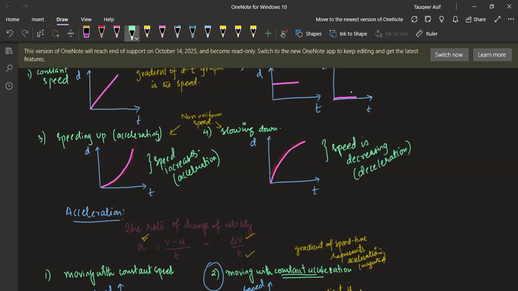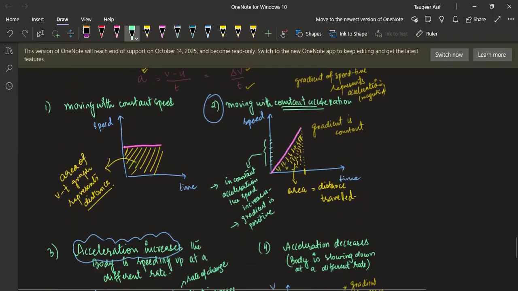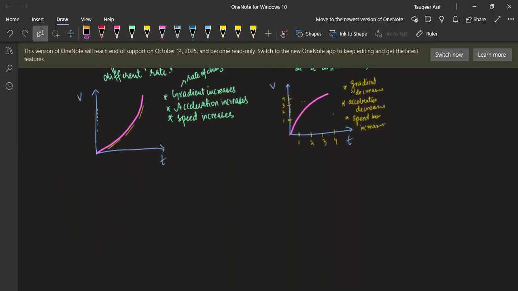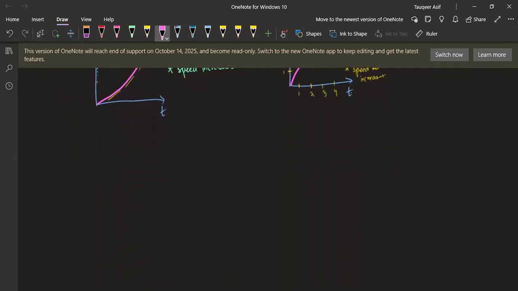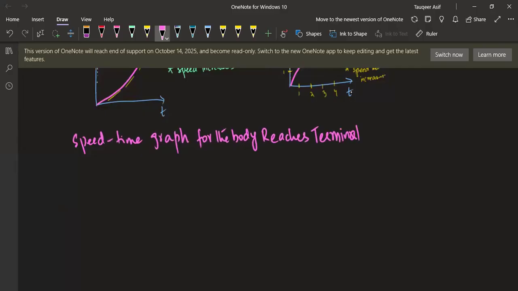And this is acceleration. Now let's talk about the speed time graph of the object reaching the terminal velocity, or the body reaches terminal velocity.